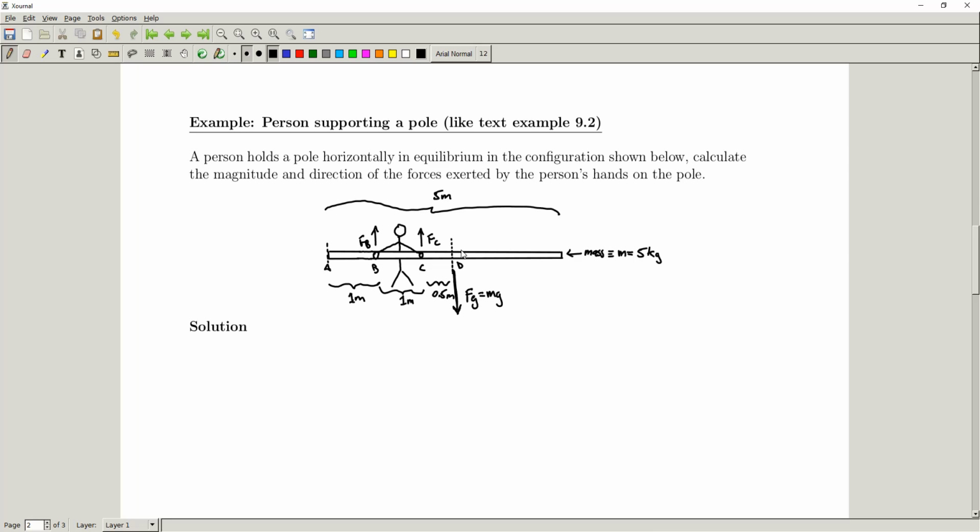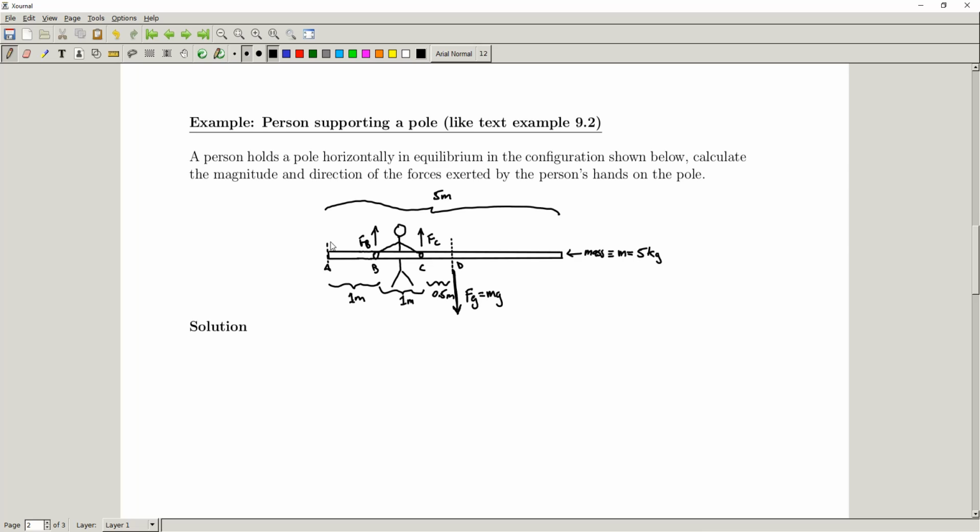But in this case, we're going to start off by looking at point A, right? So we're going to think of point A out here at the very edge of the pole as our pivot, and we're going to solve for FB and FC, the forces exerted by the person's hands holding this.